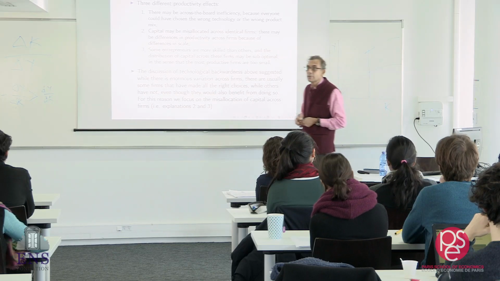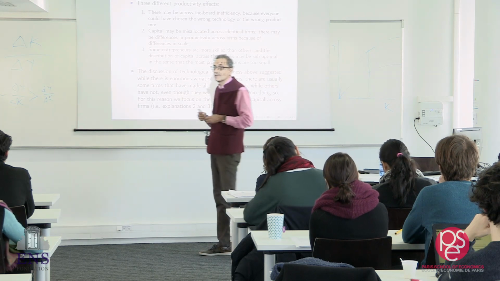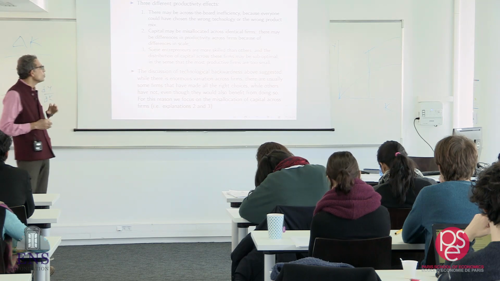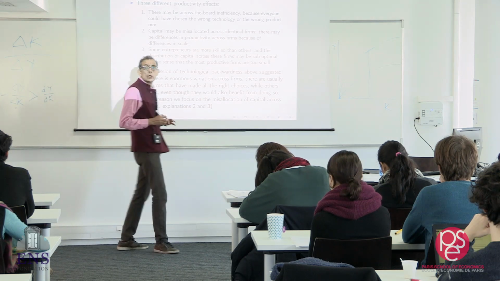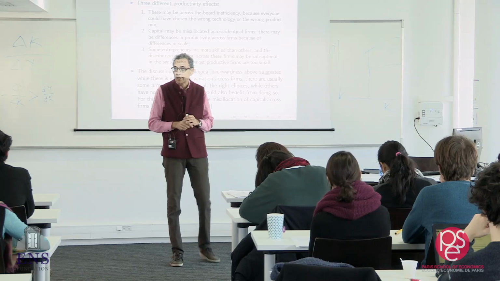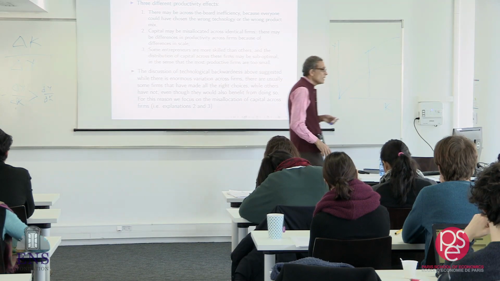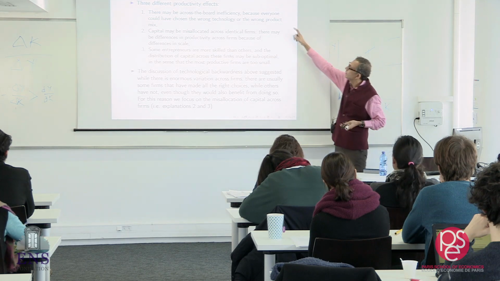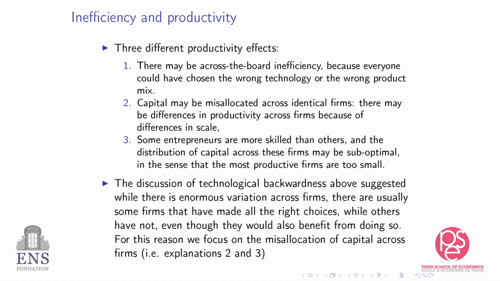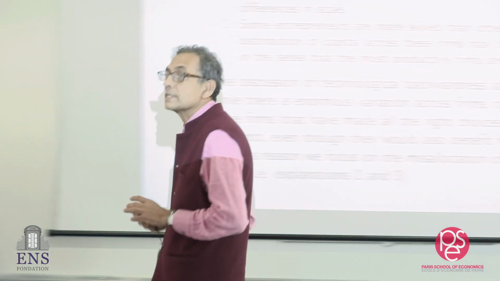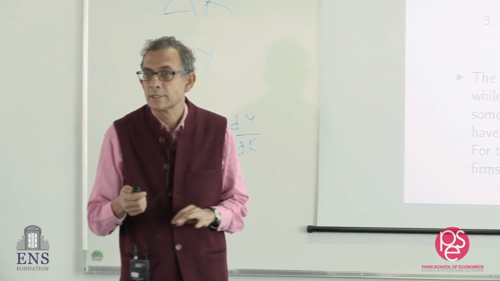Maybe they have the same capital, or maybe the better firm is smaller than the other. So there are two separate sources of inefficiency, and these two, in a sense, I'm not going to try to distinguish between right now. This particular paper doesn't try to distinguish between them. It throws out this one. It assumes that the firms are optimizing, given their resources, they're optimizing. In the end, I'll try to persuade you that that's not obvious at all. I'll come back to that next time.